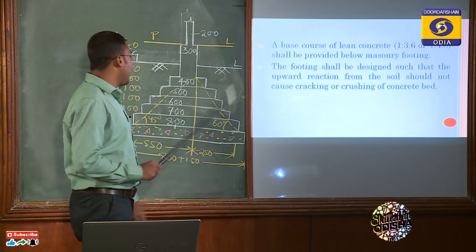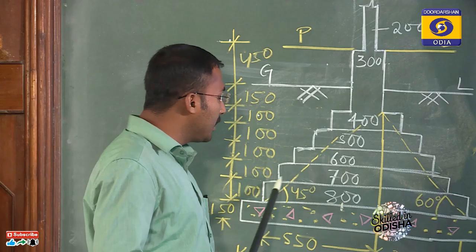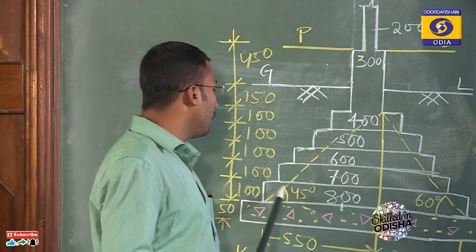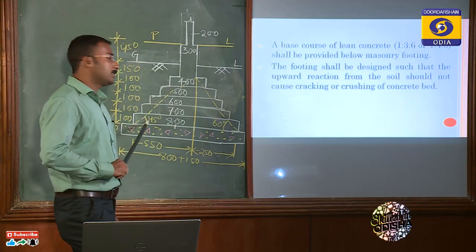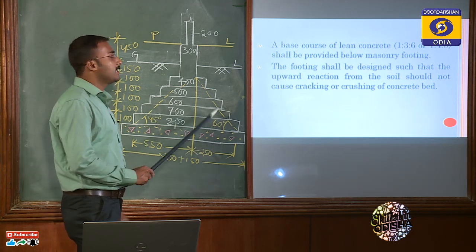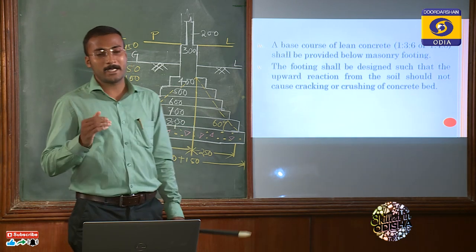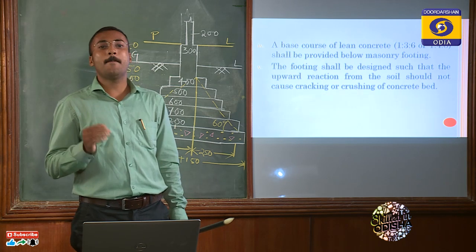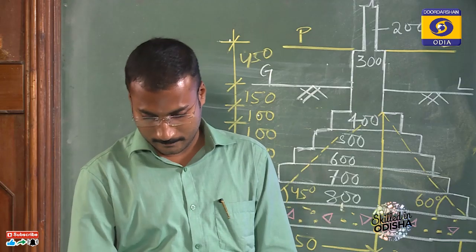Also, we have to design in such a manner that the angle of dispersion does not exceed 60 degree or fall below 45 degree. That means the angle of dispersion should be within 45 degree to 60 degree. So these are the design specifications or codal provisions we need for design of masonry wall footings.